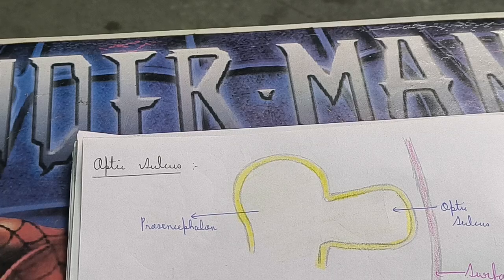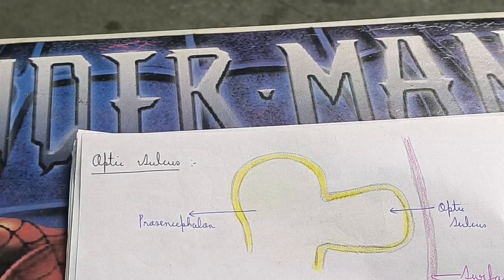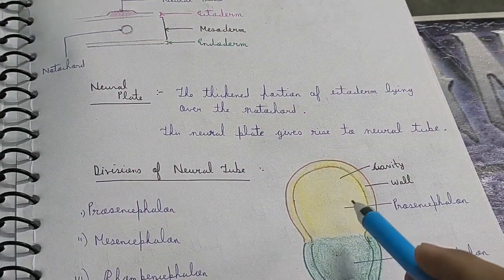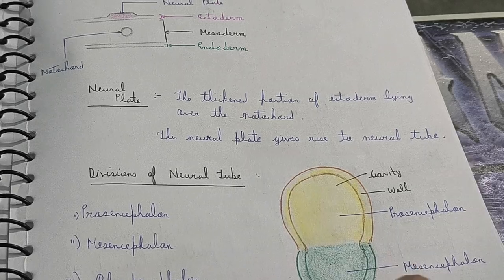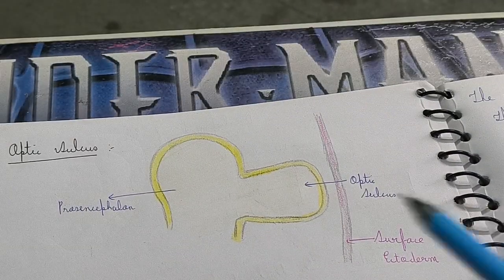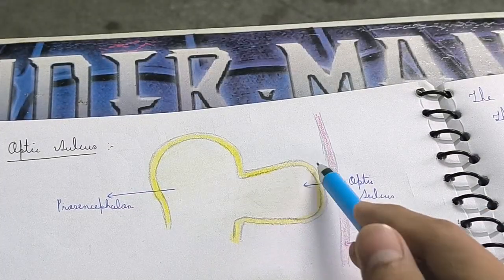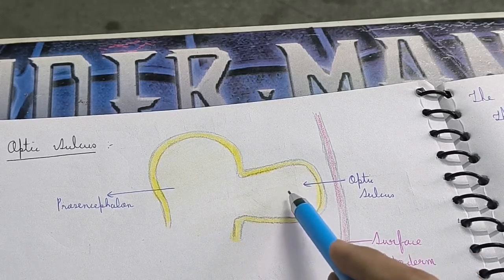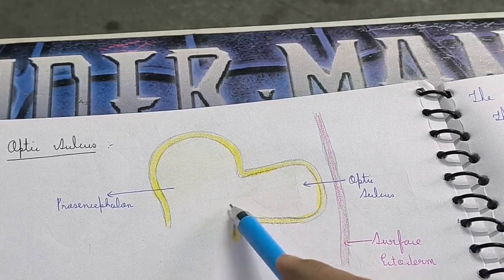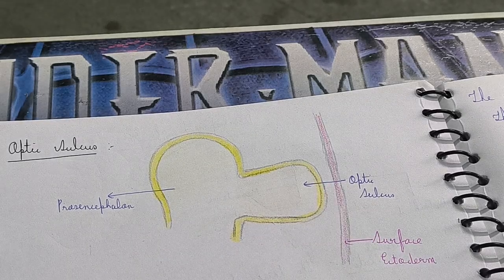Now I want to discuss the optic sulcus. So this is the prosencephalon. Initially, in the prosencephalon there is no outgrowth, but now, as you can see here, a neuroectodermal outgrowth occurs in this prosencephalon, and this neuroectodermal outgrowth of the prosencephalon leads to formation of the optic sulcus.